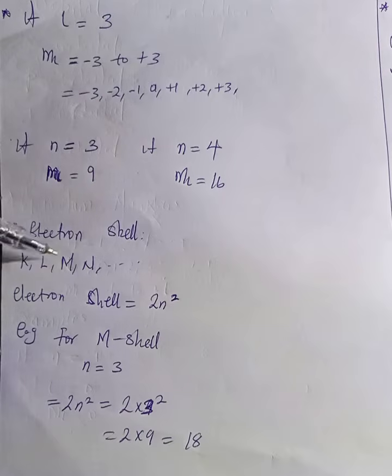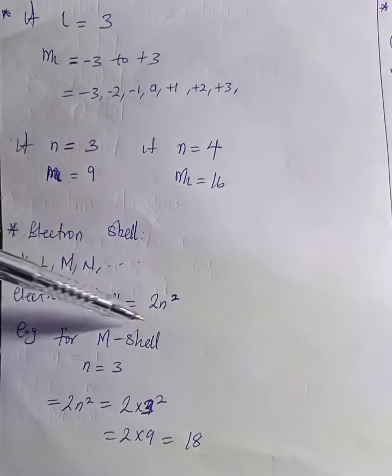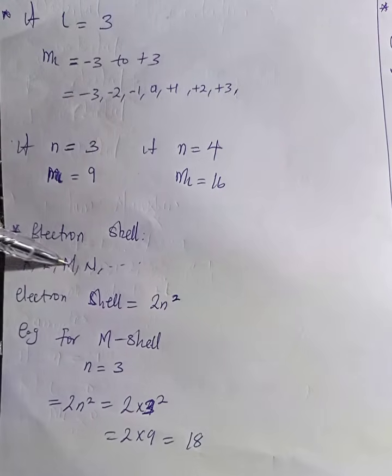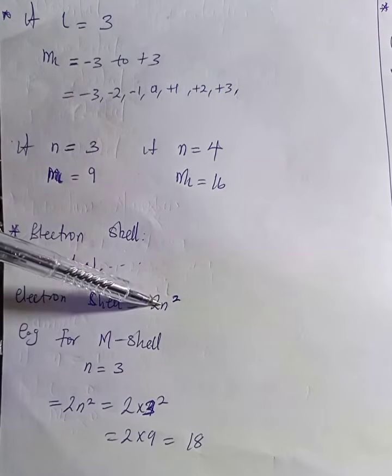So this K, L, M, N corresponds to the principal quantum number n. Where does the principal quantum number start from? N starts from 1, 2, 3, 4, and so on. The same thing in the electron shell: n starts from 1 for K. So for K, n is 1, for L, n is 2, for M, n is 3, for N, n is 4, and so on.